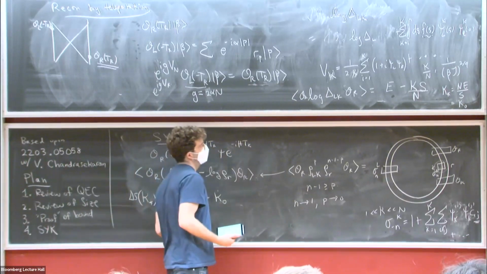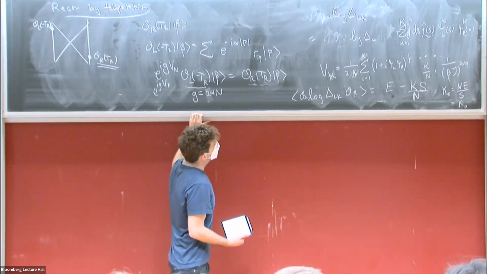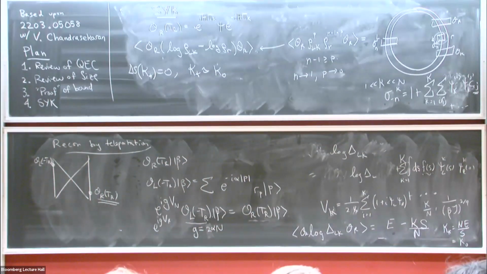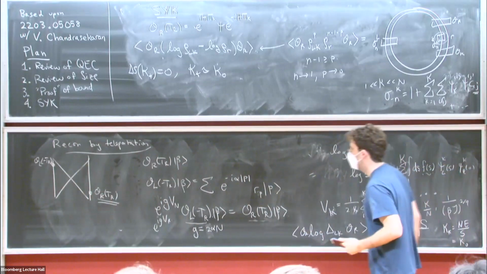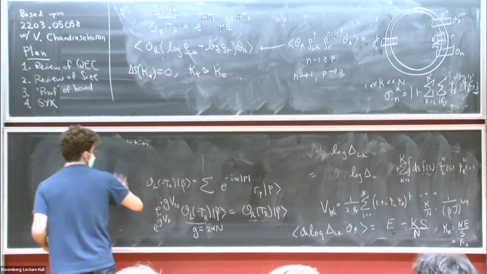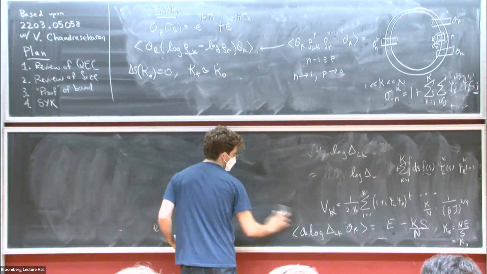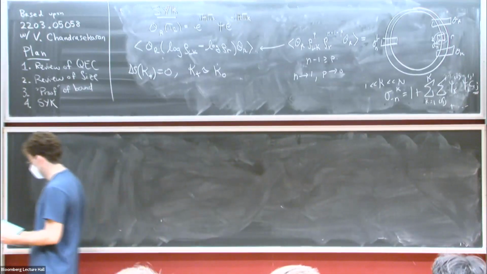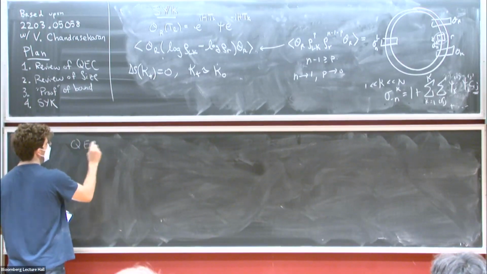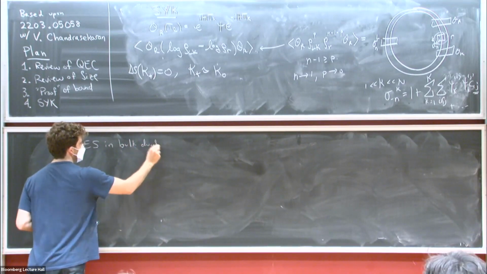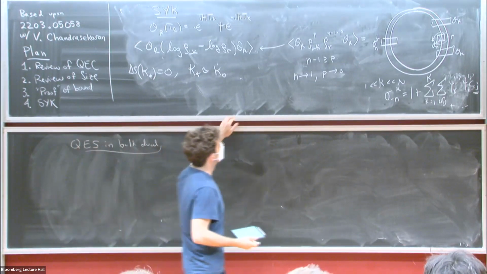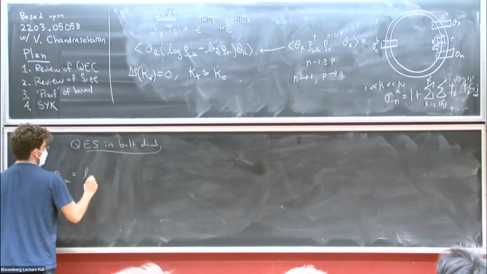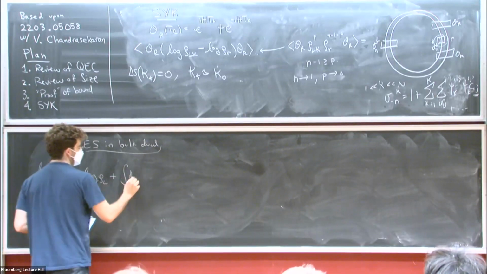It involves this form of the modular Hamiltonian that I just erased, where log rho LK is log rho L plus this roughly size operator.